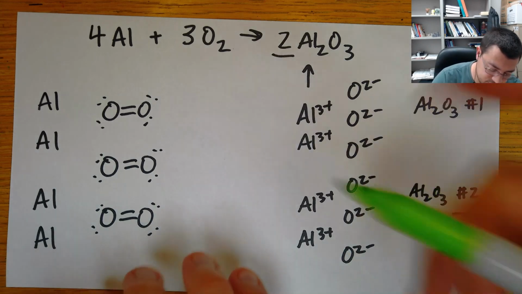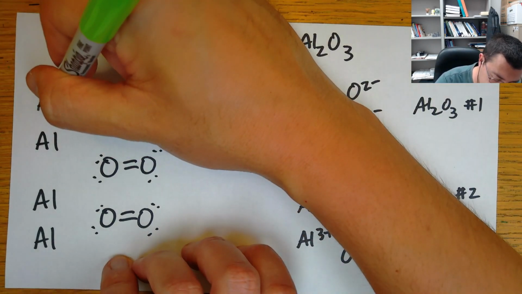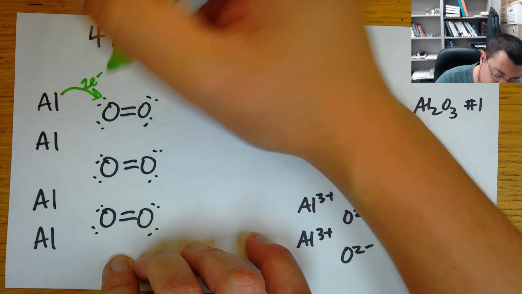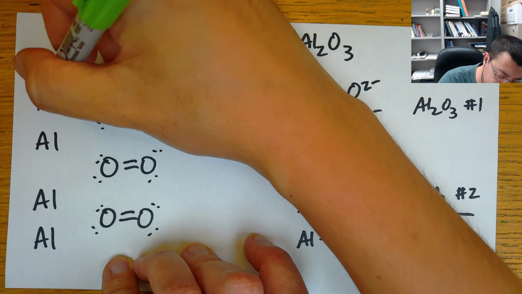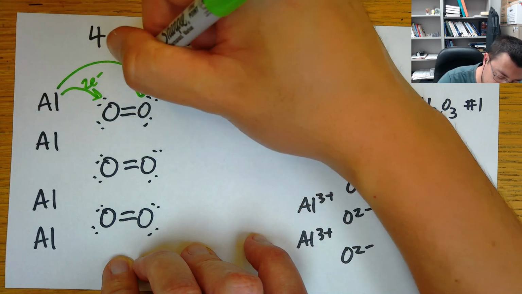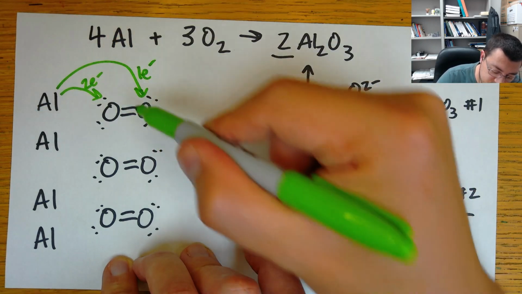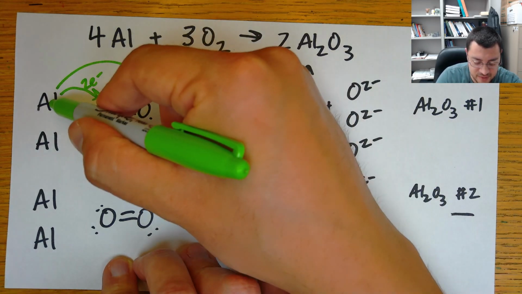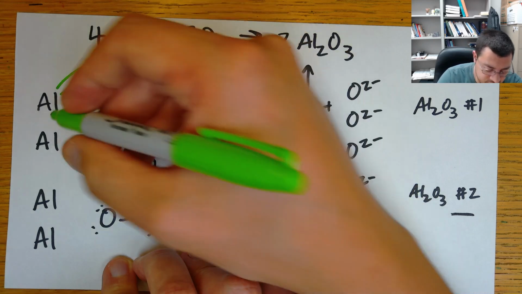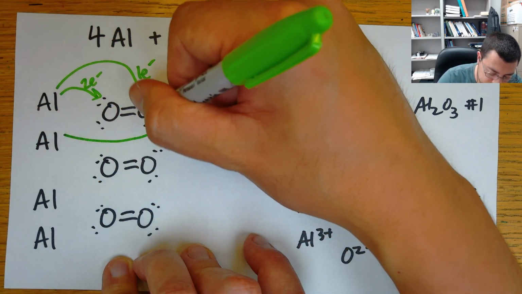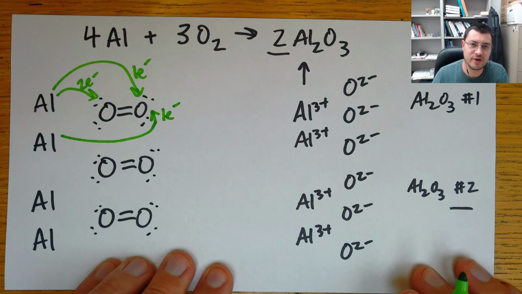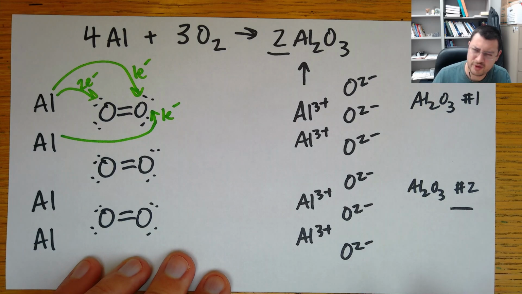All right, so here's what's happening. Aluminum will give away 2 electrons to that oxygen. Now that that oxygen's happy, the next one is ready for electrons. So we'll give 1 there. This oxygen wants 1 more to become a 2-, but this aluminum's out. So this oxygen's still hungry, so we go to the next one. All right, doing redox often just reminds me of The Very Hungry Caterpillar book.